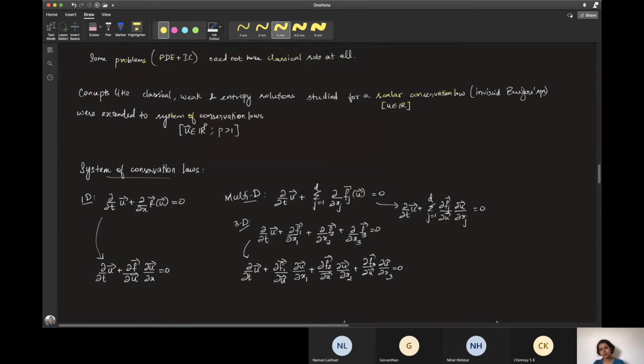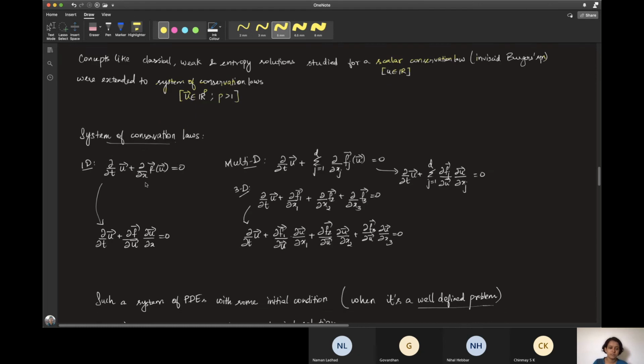And in that, your inviscid Burgers equation was an example. Next, we extended this to systems where your u vector belonged to R power p and your p is greater than 1. So now, moving to systems.